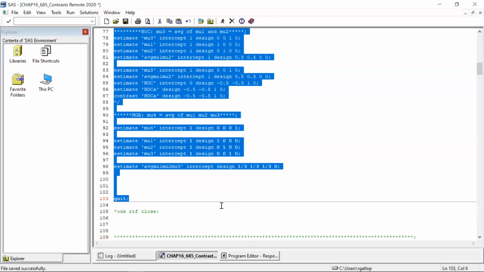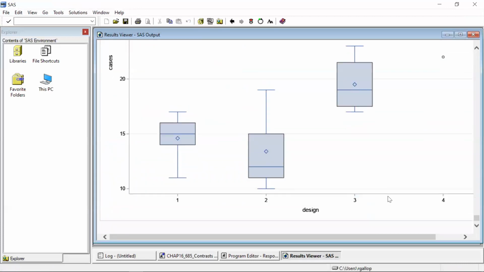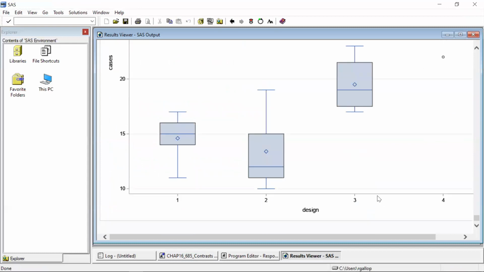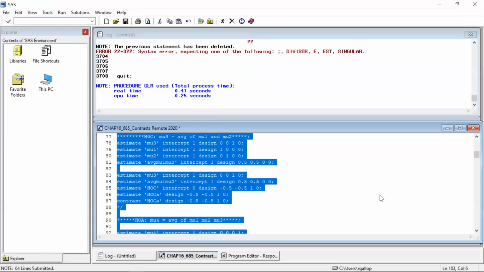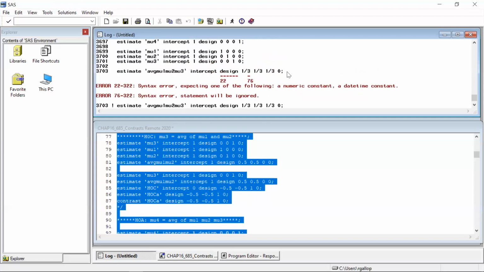Now keep an eye on the log. When I look at the output, I don't see the estimate statements generated. What's going on? SAS doesn't like 1/3.